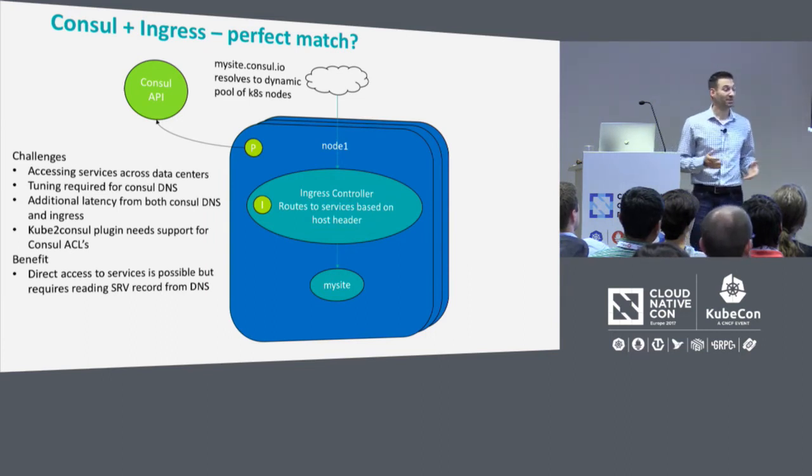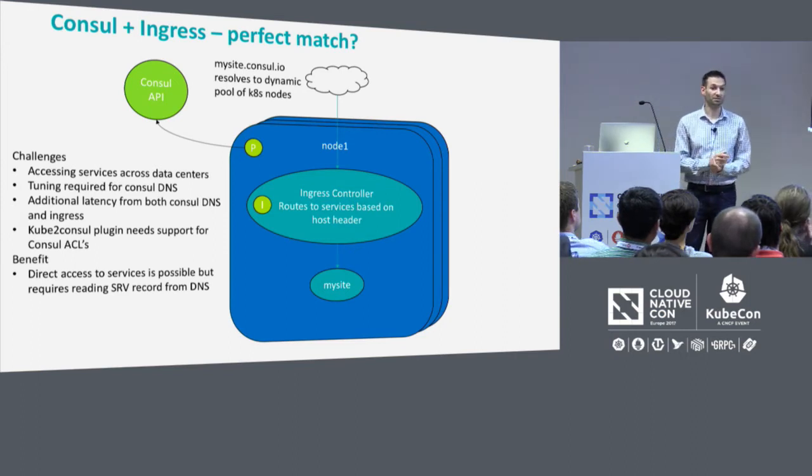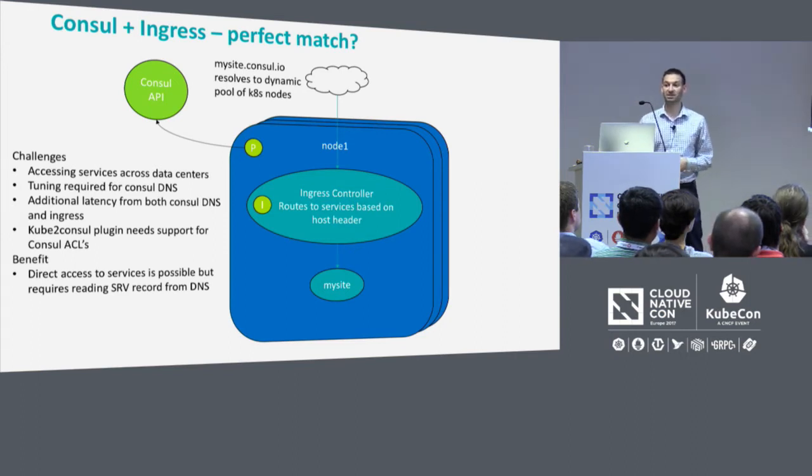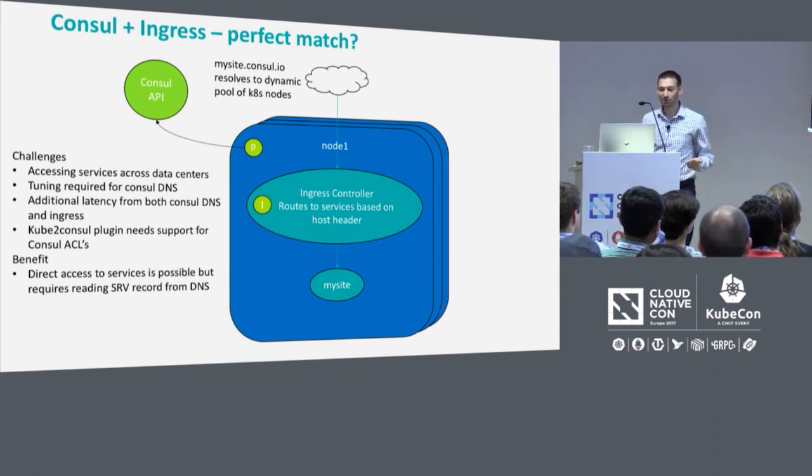This takes time. So what we saw is on our untuned system, it was between 150 and 300 milliseconds of latency to do each Consul query, which would definitely not fly. We've got some tuning to do there, so that's why we backed off a little bit. We haven't quite resolved those issues yet, but they are definitely solvable.